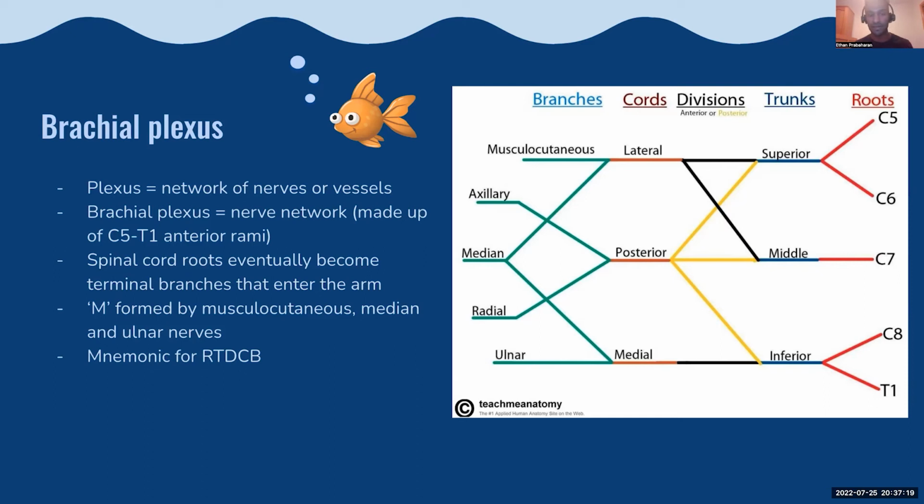And it's a network made up of the anterior rami. Remember, anterior rami, pretty much what we're concerned about until you hit back anatomy. Anterior rami of C5 to T1. So your spinal cord has 4 main sections: cervical, thoracic, lumbar, and sacral.